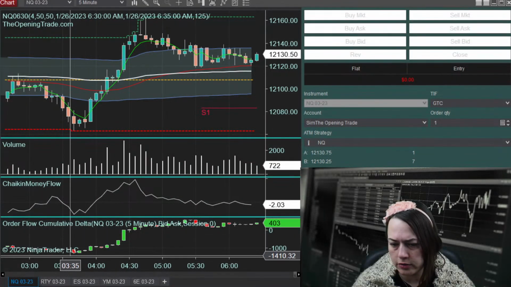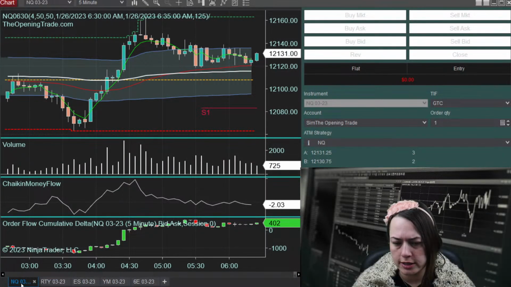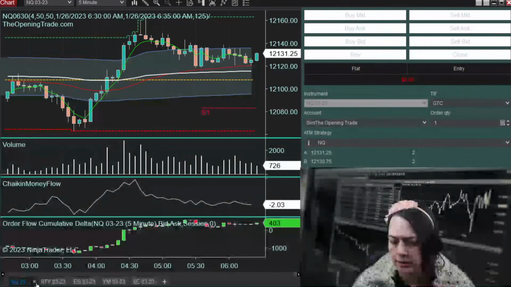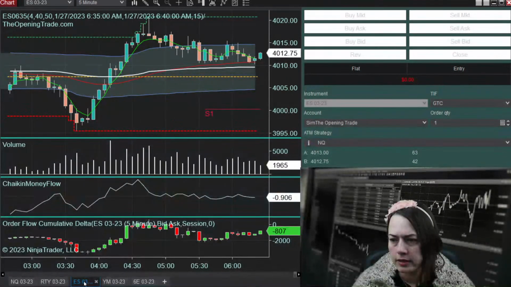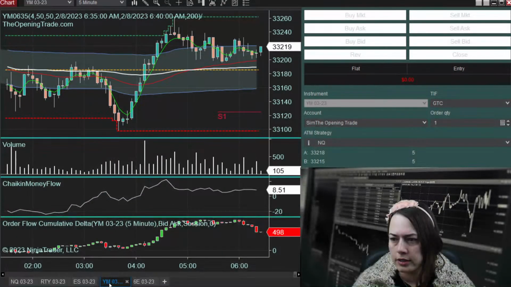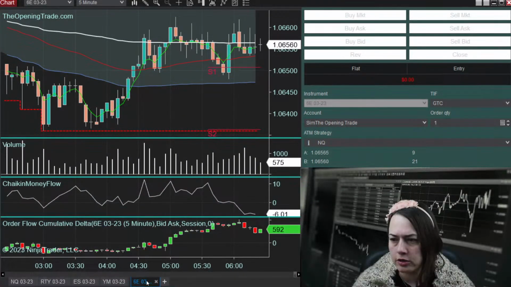All right, so let's flip through our chart. This is NASDAQ futures, Russell 2000 futures. This is the S&P 500 futures, Dow Jones futures. And this last tab is the euro versus the US dollar, showing the euro.